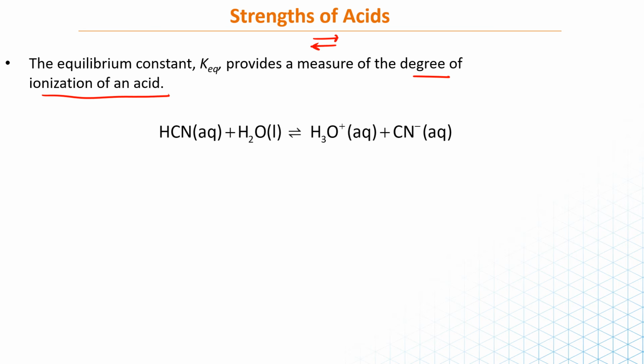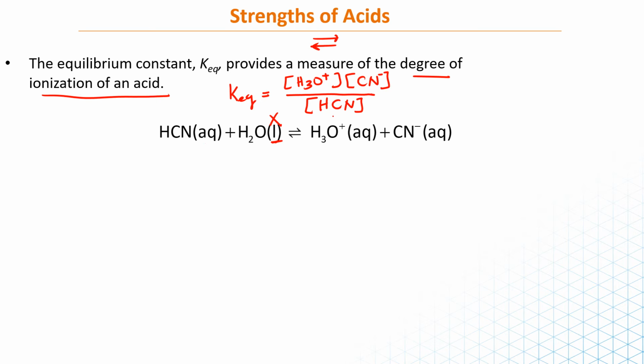If I tell you what is the K equilibrium for this reaction, what you are going to tell me, it's the products, صح؟ concentration over the reactants اللي هو ال HCN. We don't put water, remember? We don't put liquid.